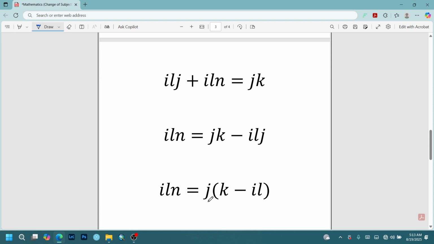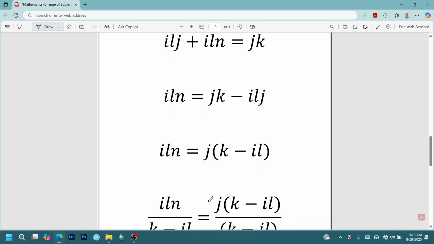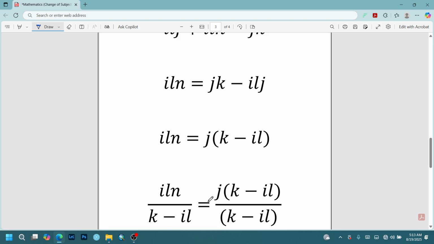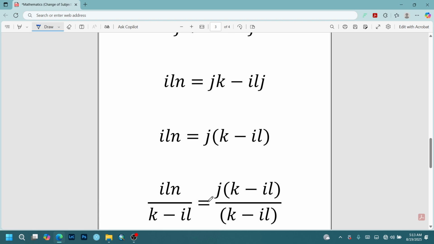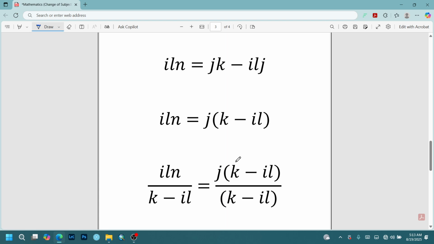So when we do that, whatever you do for the left hand side, you do the same for the right hand side, and vice versa. Okay, so that means we have to divide each side by K minus IL. So we have our new equation to be the fraction ILN over K minus IL equals the fraction J multiplying K minus IL over K minus IL.